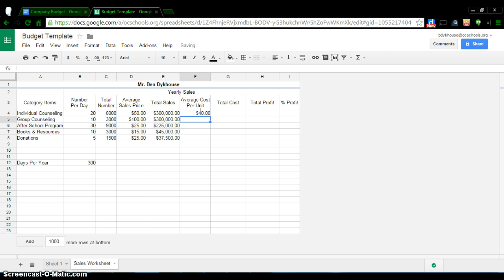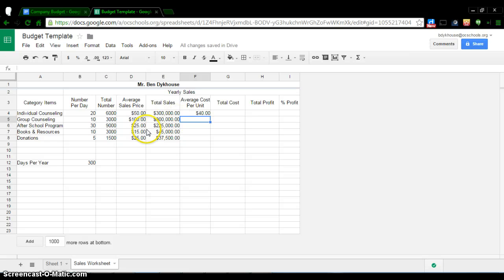But I'm just going to say it cost me about $40 to provide that service. You see how I marked that down about 20%. So I took 1/5 of 50 is 10, and I subtracted 10 from that number to get my average cost per unit of 40.